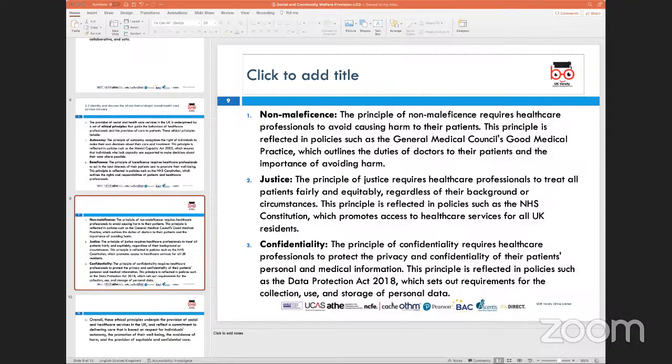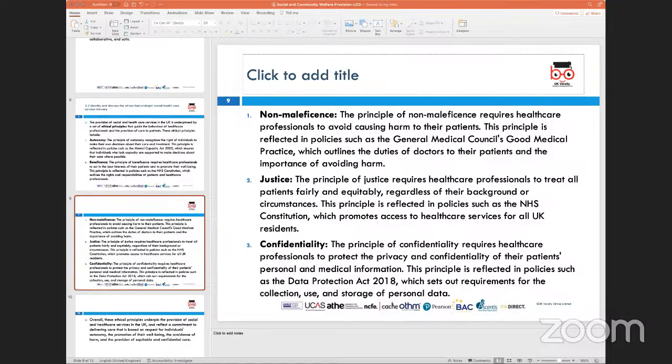Now, when we talk about justice, what we mean is that, irrespective of, again, looking into the Equalities Act, culture, background, values, beliefs, you are going to provide them the same type of service without any differentiation in terms of considering their background, culture, values, and beliefs.